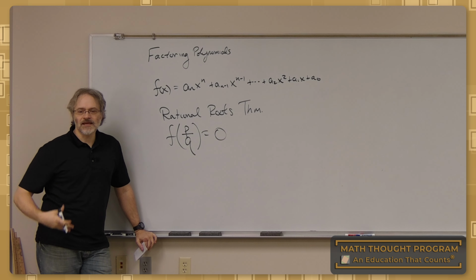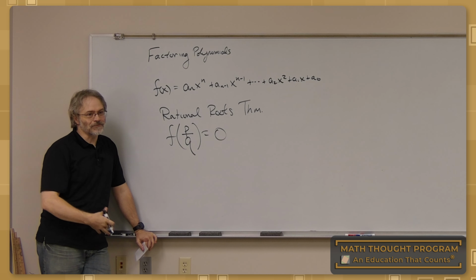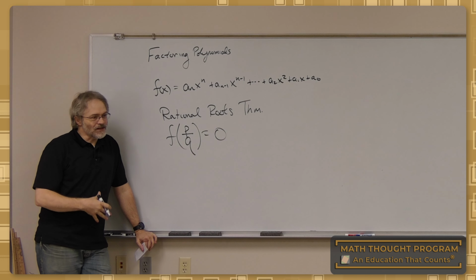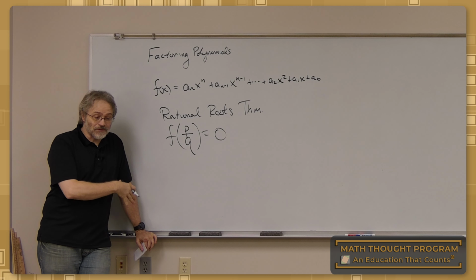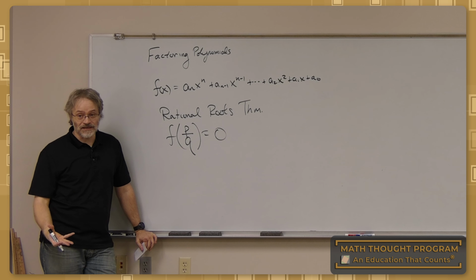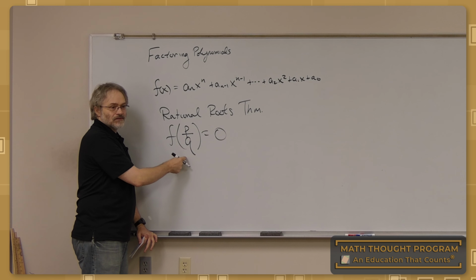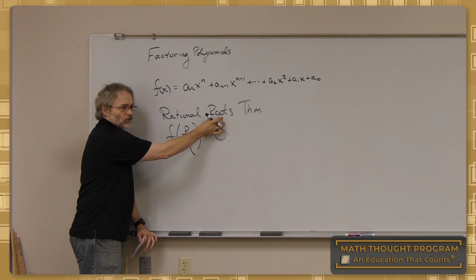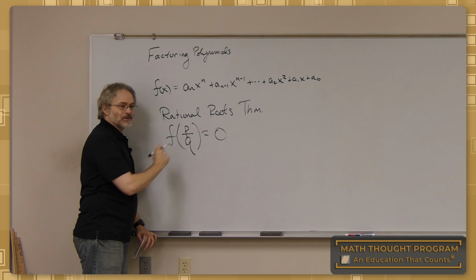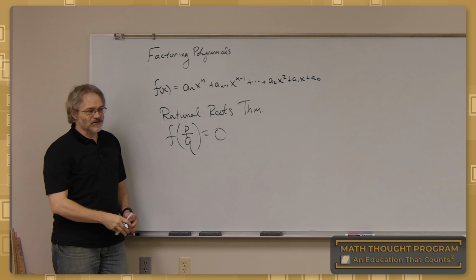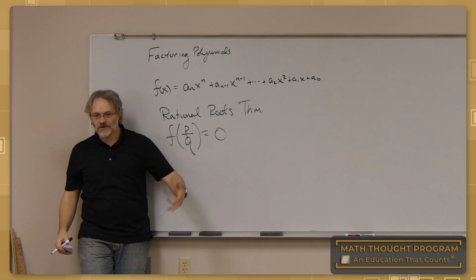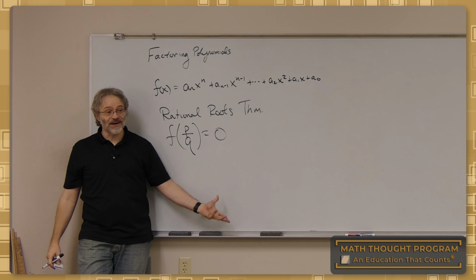See, there's meaning behind the words. They're just not randomly picked. So again, if you're struggling with, okay, I'm not sure what this word, this phrase means, dissect it. Rational number, root means this, so I've got to have this. So this is a theorem that kind of steers you in a good direction on how to find these roots.